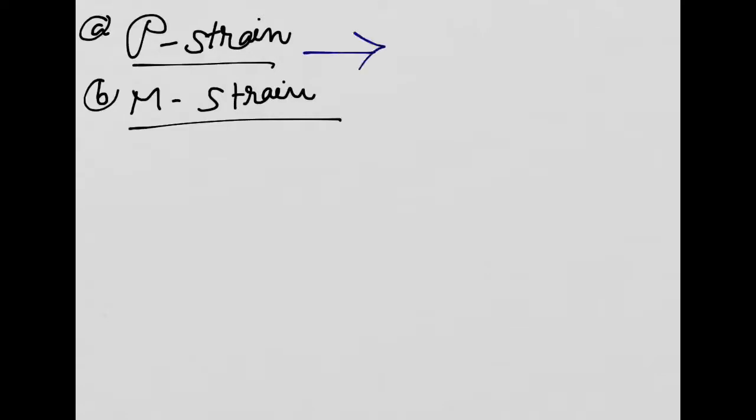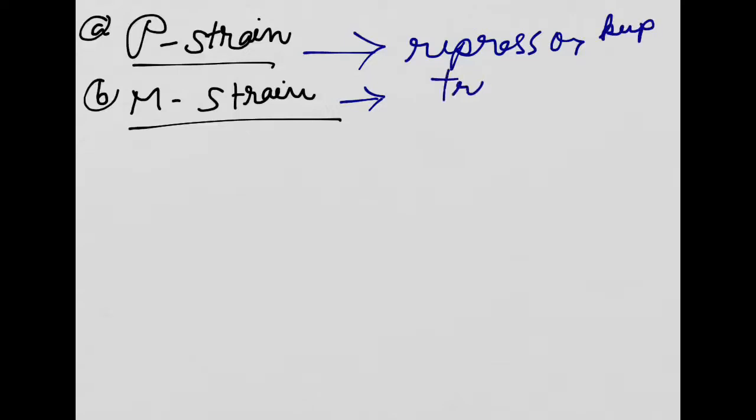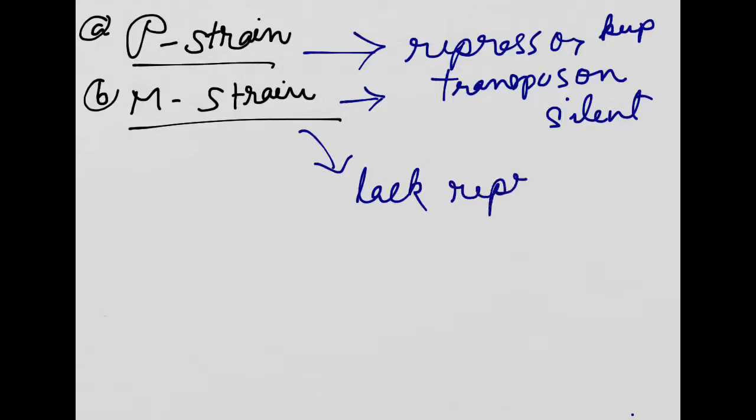P strain encodes a gene for a repressor protein, which is responsible for keeping the transposon silent. But the M strain lacks the repressor protein. The P strain has a repressor protein that helps to keep the transposon immobile.